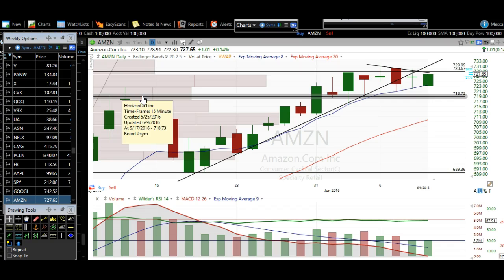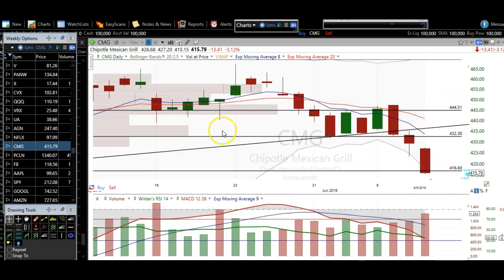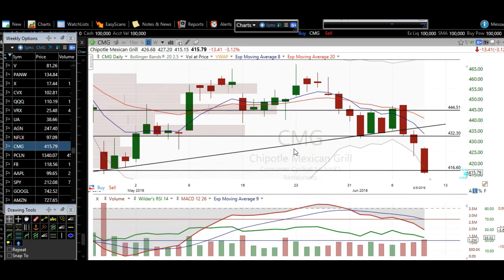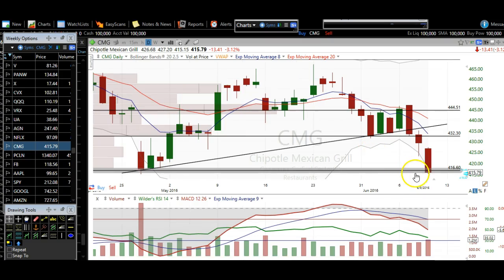Next, I want to be covering Chipotle. So Chipotle, ever since we broke below this support right here, I have been having a short bias on Chipotle, and it has met our target down here around 416, 417 today. That was hit.